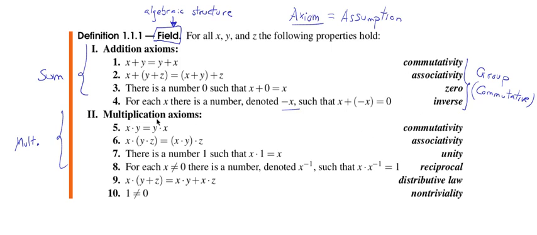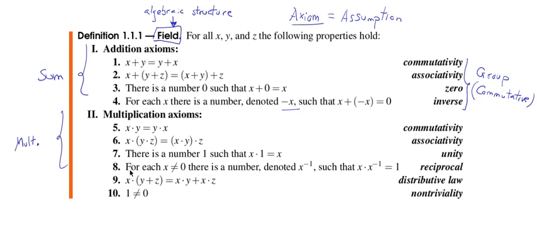Now the multiplication axioms are kind of the same. The multiplication has to be commutative: x times y is the same as y times x. Then x times (y times z) is equal to (x times y) times z, so this is associative. And then you have this unity: there's a number 1 such that x times 1 is equal to x.